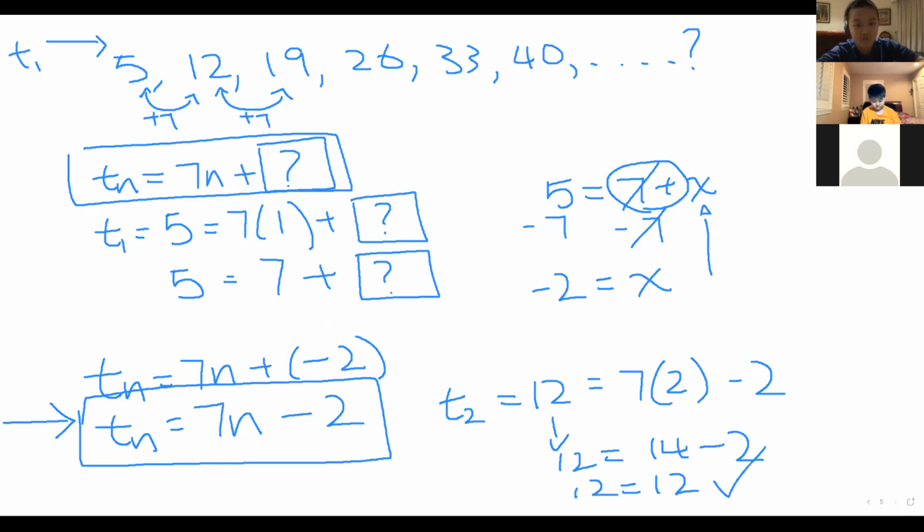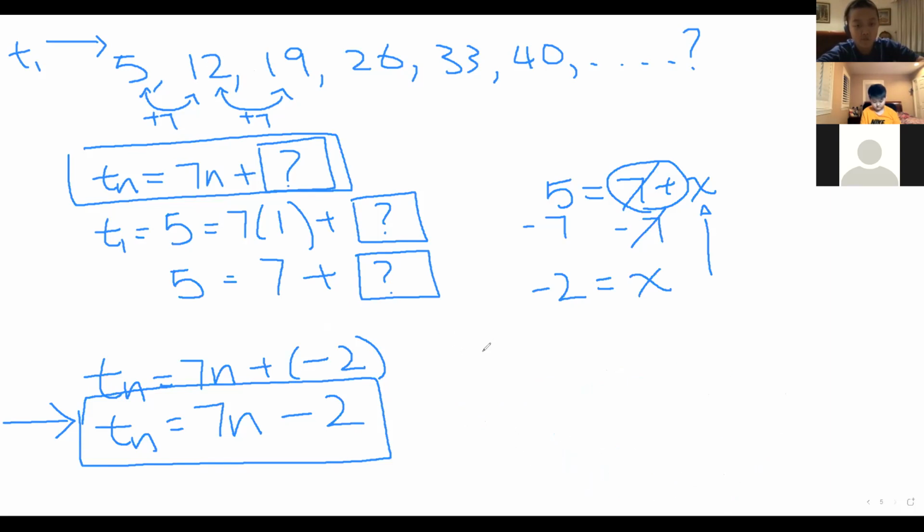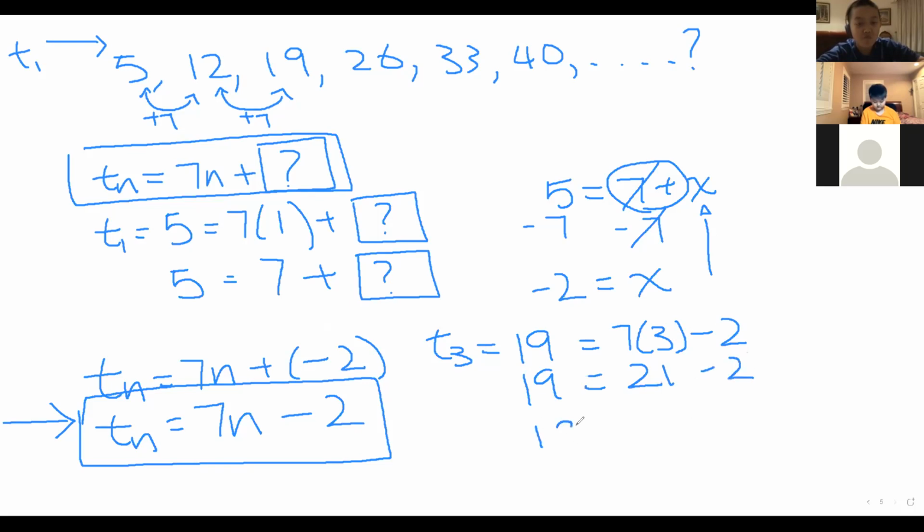Let's check another number. Let's check the third number. T3, which is 19, is equal to 7 times 3 minus 2. 19 is equal to 21 minus 2. 19 is equal to 19.